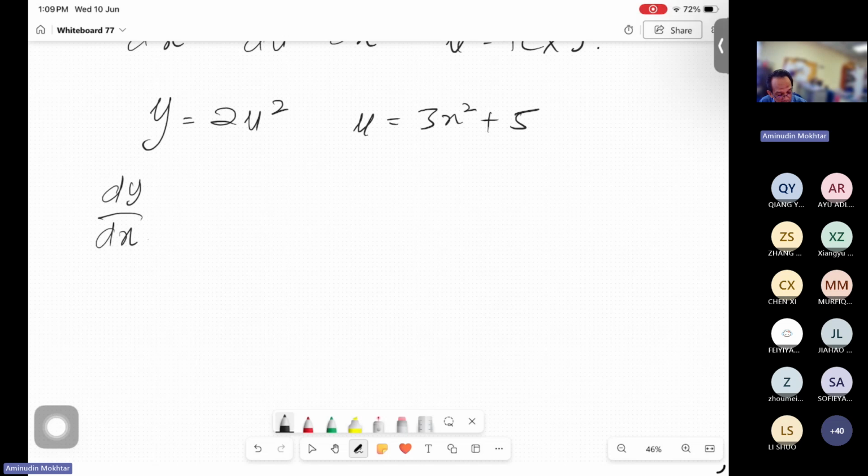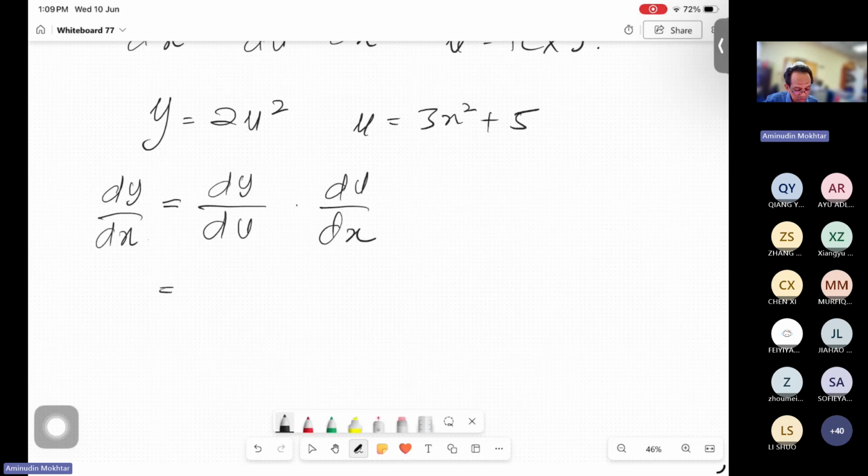Okay, we have y, u and x. So dy/dx, first we need to find dy/du, and then the second one is du/dx. We can refer to the rules of differentiation in order to find the answer of dy/dx.